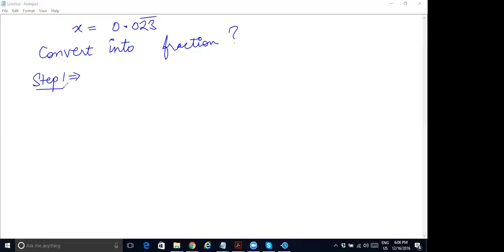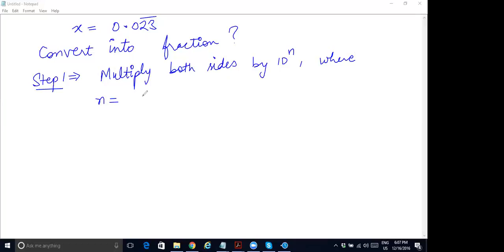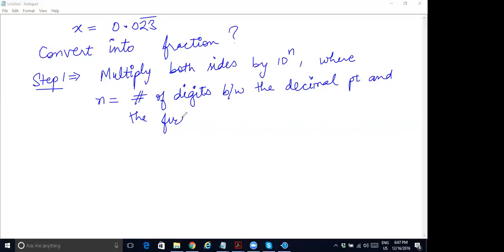Step one is multiply both sides by 10 to the n, where n is equal to the number of digits between the decimal point and the first digit under the bar.